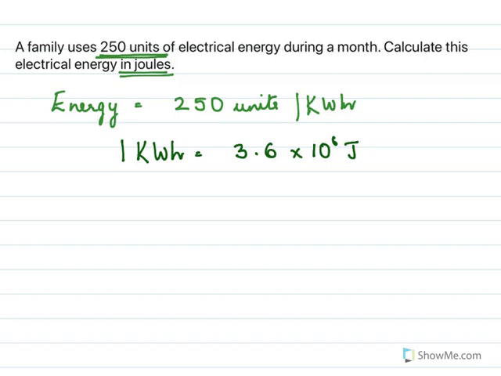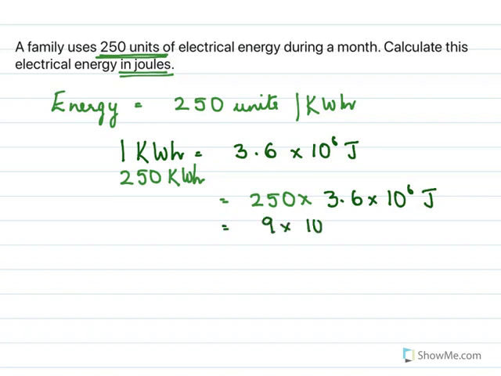And here I need to convert 250 kilowatt hour. So 250 kilowatt hour, if I want to make into joules, will be 250 into 3.6 into 10 raised to 6 joules. When you multiply this, you will get 9 into 10 raised to 8 joules.